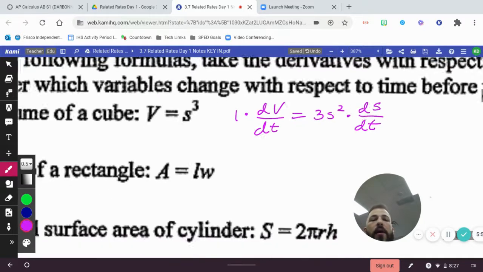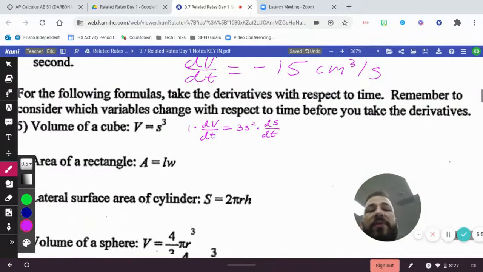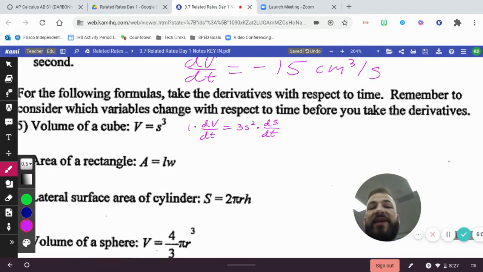Okay? And to write it just a little bit simpler, because I don't really need that extra 1, this is really just dv dt is equal to 3s squared ds dt.